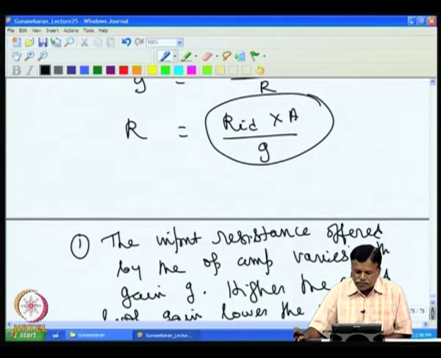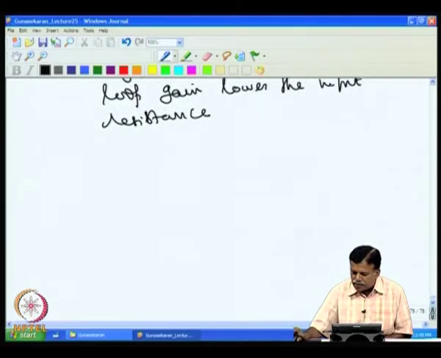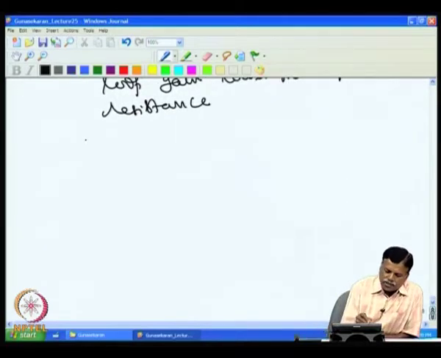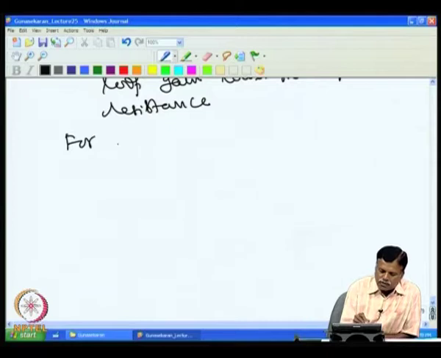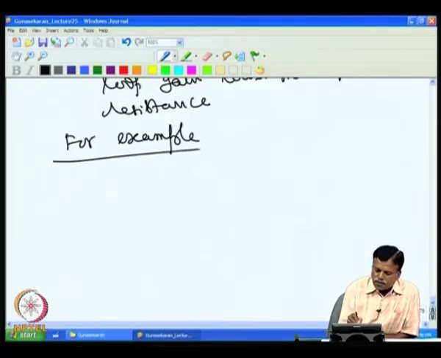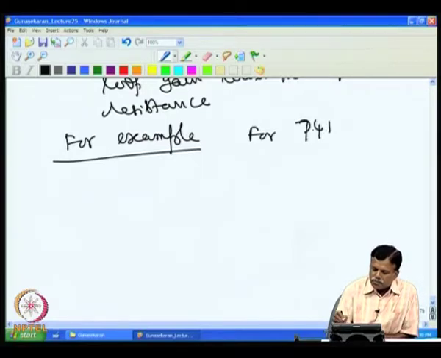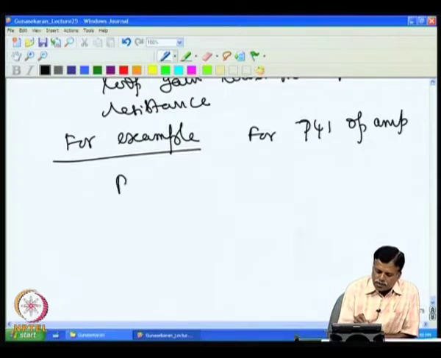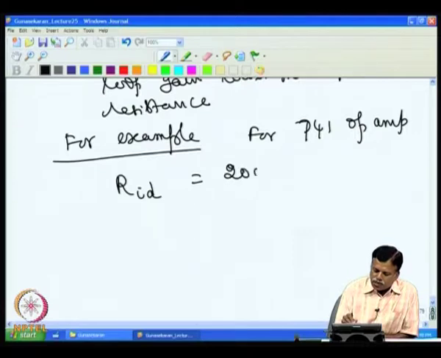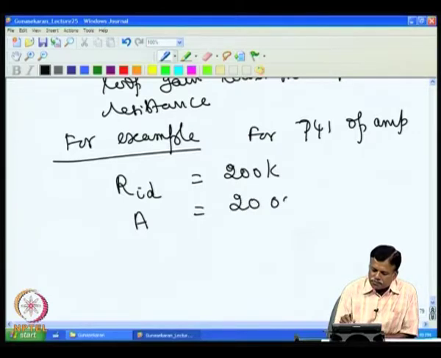because if you take, for example, the figure of the 741 op amp, and look at the data sheet, RID is given as 200K. Open loop gain A is given as a minimum of 20,000.